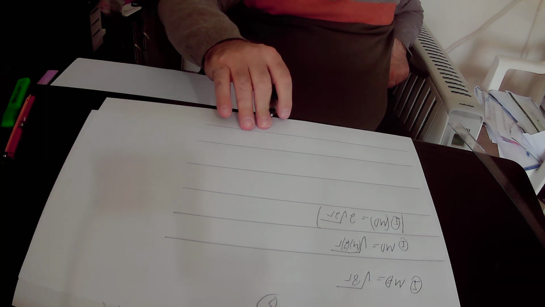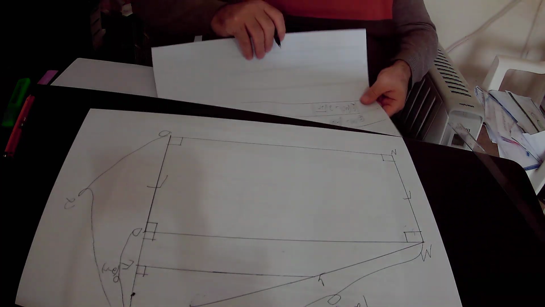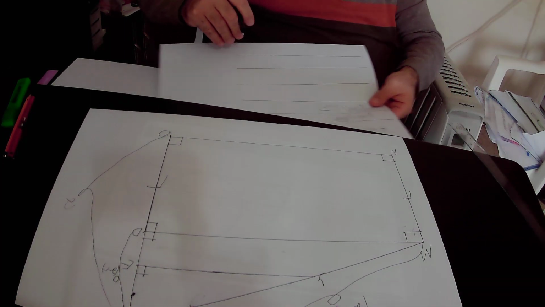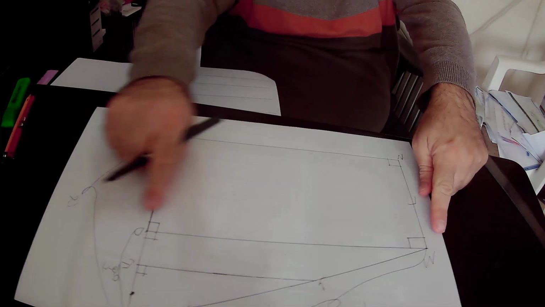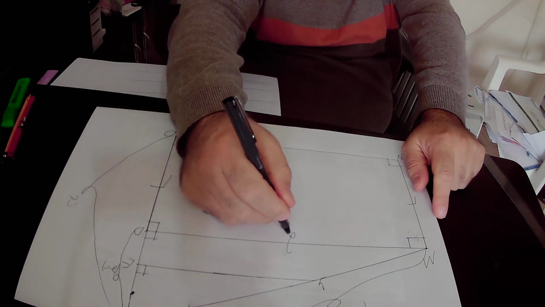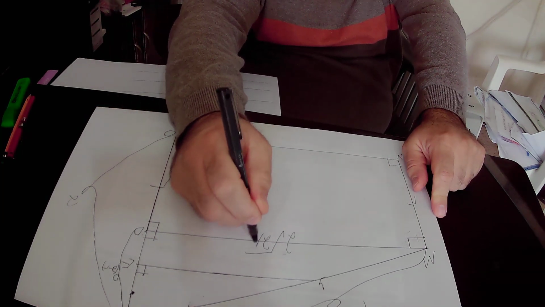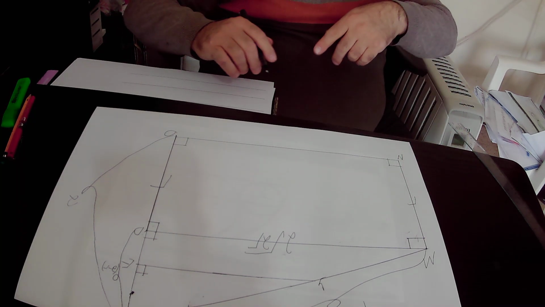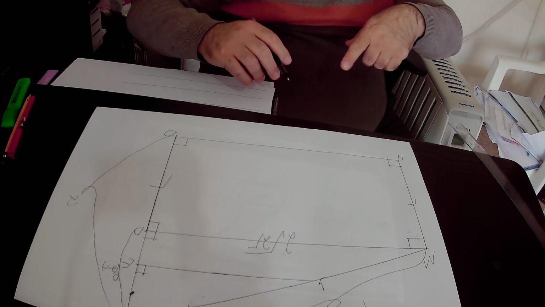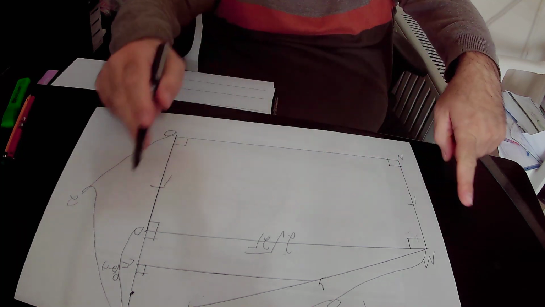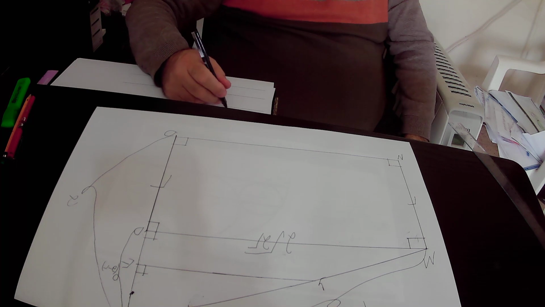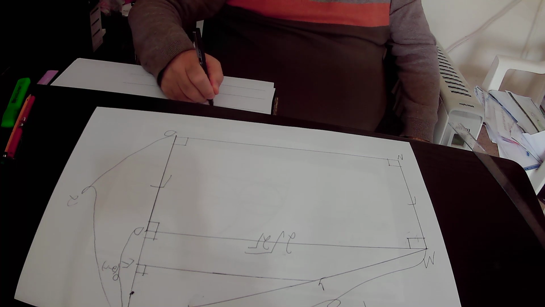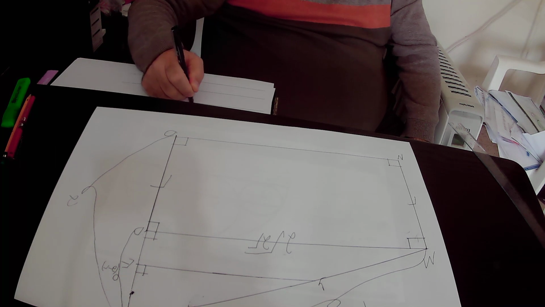So we can write here that MD equals 2 times the square root of 2R. And we have rule number 3, that the opposite sides of a rectangle are equal to each other. That is to say, MD equals NO according to rule number 3.